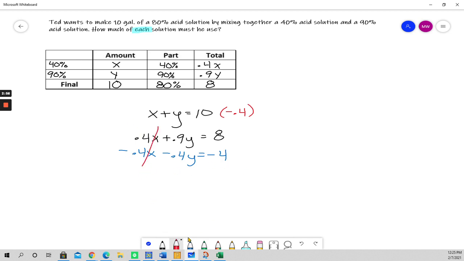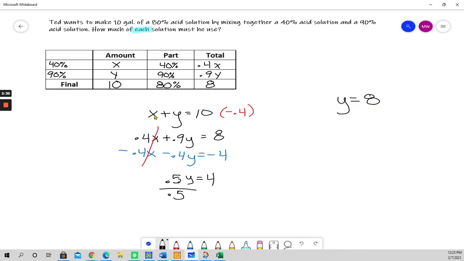My x's will cancel, and I'll be left with 0.5y equals 4. I'll divide by 0.5 on both sides, and I'll get y equals 8.